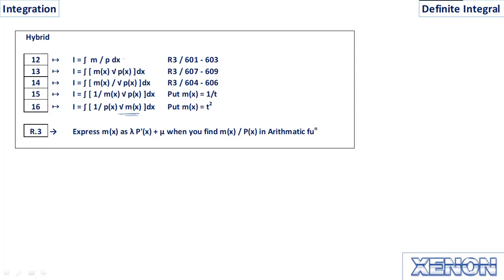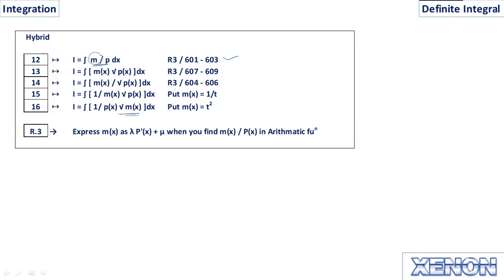So when we are getting an integrand of the form of M upon P, here what we will do is we express M as lambda P dash x plus phi, and we solve accordingly, right? And we will apply the rule of 6.0.1 to 6.0.3, right?